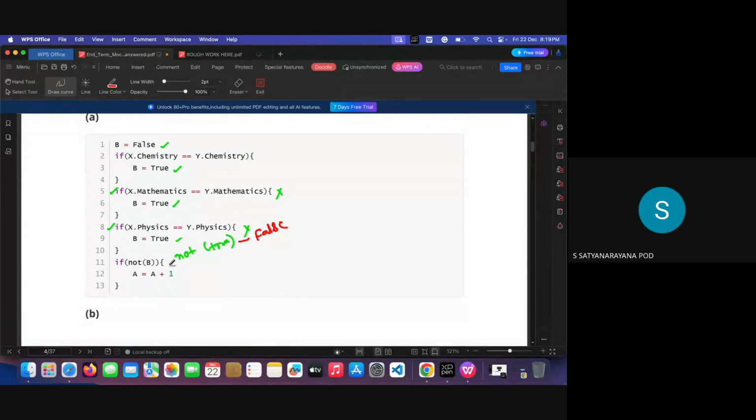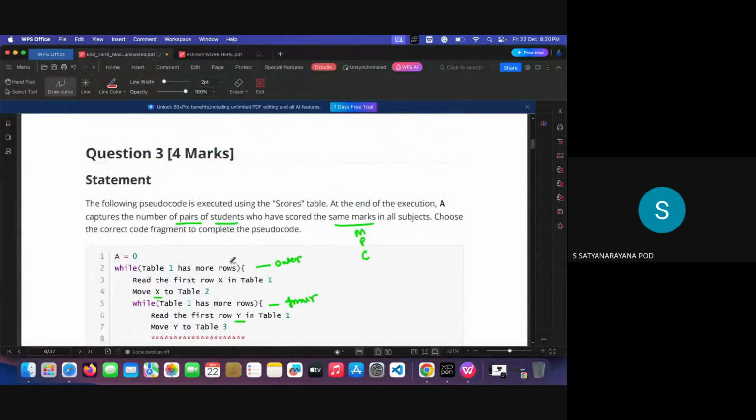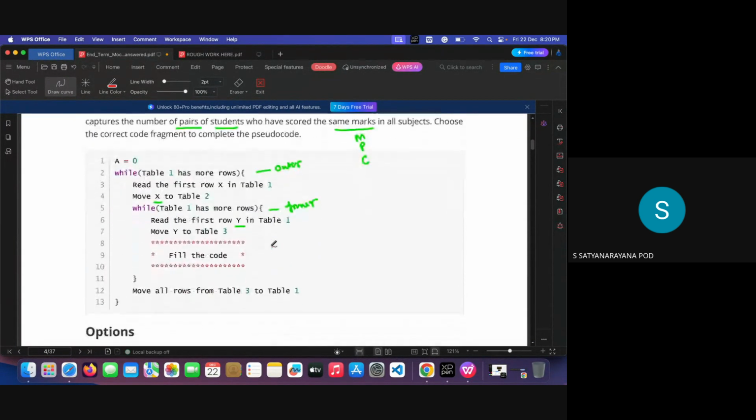So A is increased whenever unequal marks are there, so this particular option is wrong. Definitely it's wrong, because they are checking not true, and not true means false. A is increased if and only if unequal marks are there. But because they want to find equal marks, all 3 subjects must be equal.